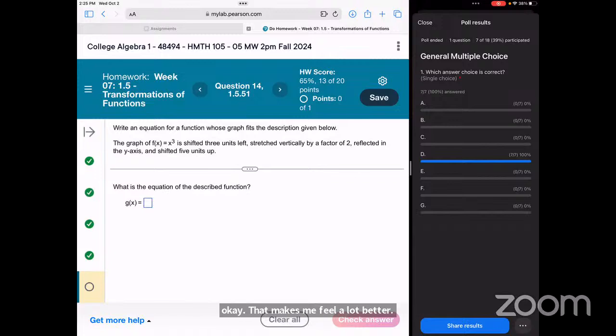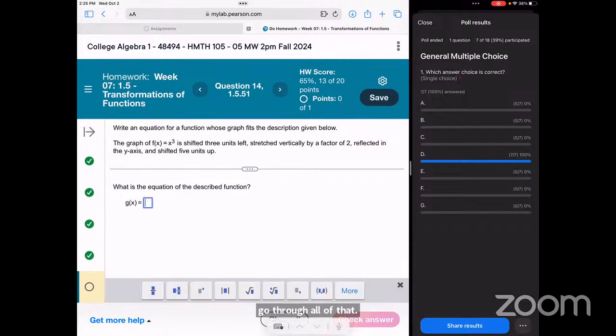Okay. Let's look at this one. Write an equation for a function whose graph fits the description below. It's a cube function shifted 3 units left. Before I go through all of that, I am going to start here. I'm going to do my x cubed, but I'm going to put it in parentheses like this. And then I'm going to try to account for each manipulation as they arise.